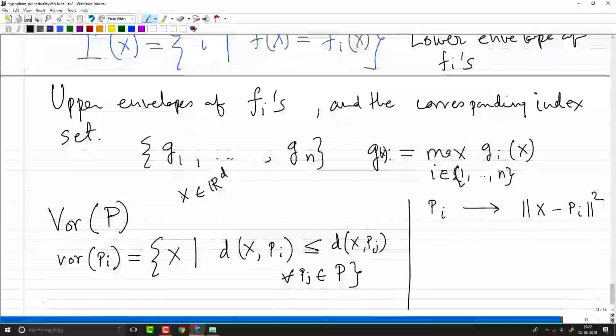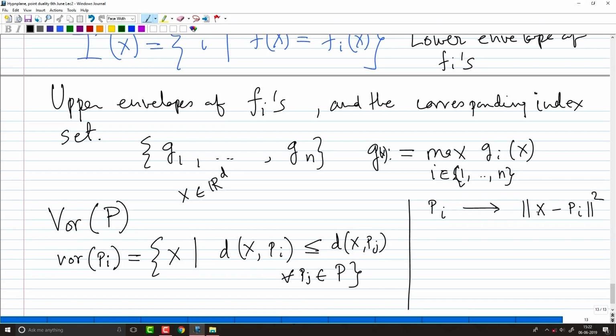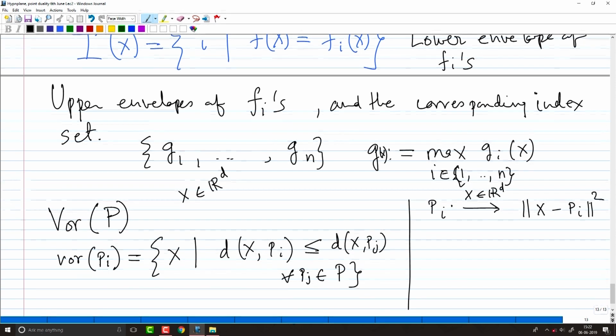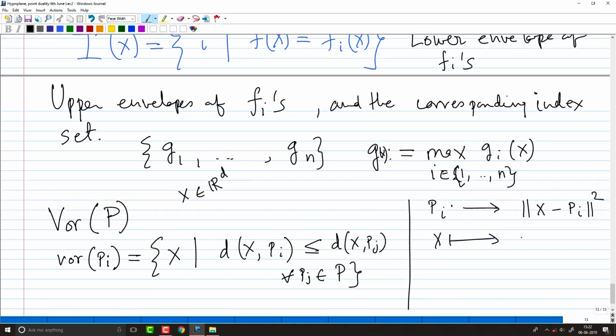Okay. So, now if I associate for each point pi this function, let me not write exponents, x goes to x minus pi squared. So, this is your Fi.